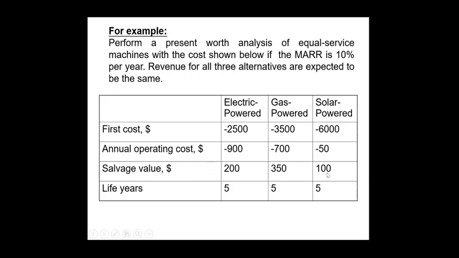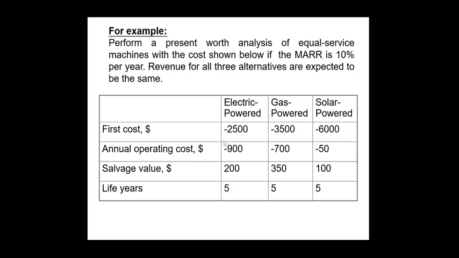Now, first of all, we calculate the present worth of cost for the first alternative. The PC, sorry, now PW equals 2,500 plus the annual operating cost, which is an equal payment series.